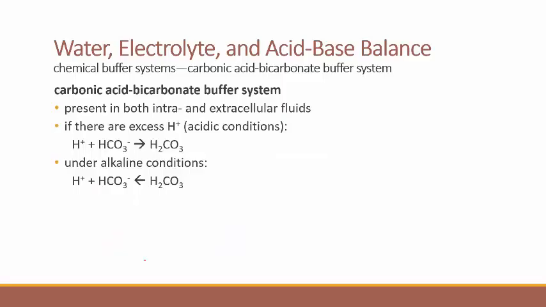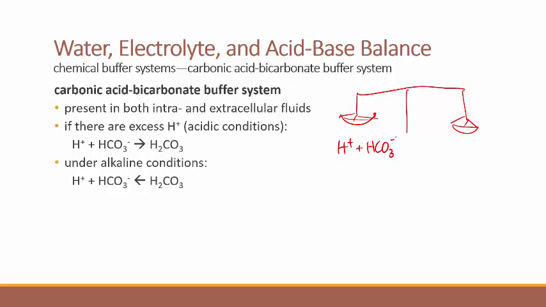I almost think of these equations as being like a balance, like an old-timey balance. We've got a little dish on each side, and you can imagine that on this side of the equation it's H plus and HCO3 minus, and on this side it's H2CO3.